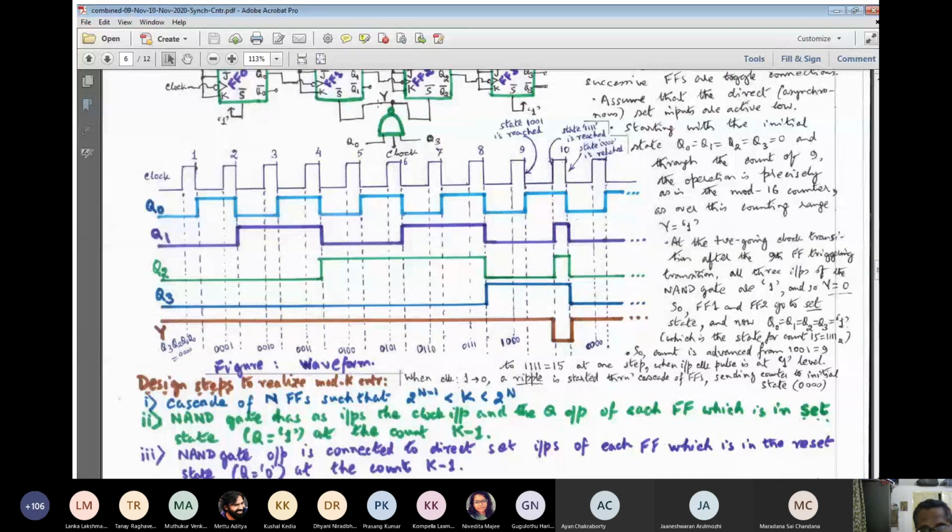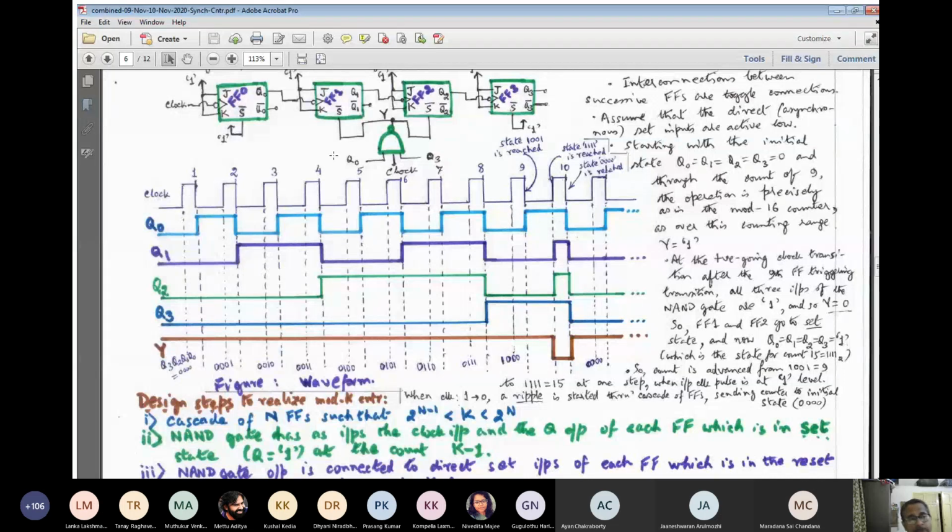As far as possible, that's why the design of the clock buffer also assumes importance, because of the delay. If you have a 6-bit counter, let us say, we have to ensure that for a synchronous counter, the clock should be available at all the clock inputs of all the flip-flops.